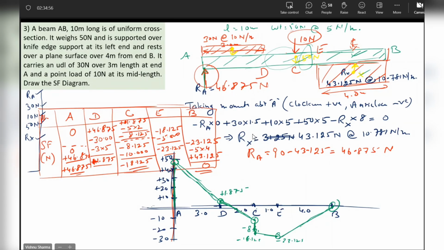All are straight lines, whether vertical or slanting. And this green one is the SF diagram for this question, where you had everything brought into the question: UDL, point force, distributed reaction, point reaction, and beam of uniform weight. Please have a good look at this and let me know whatever doubts you may have.